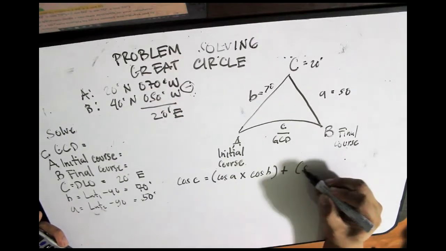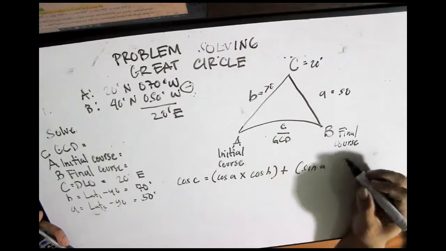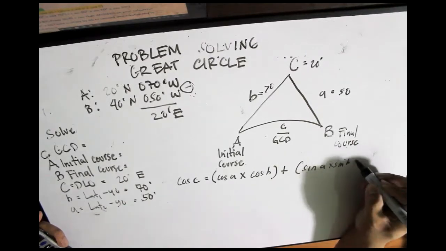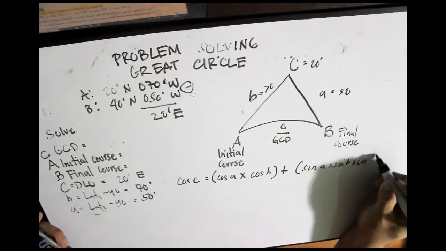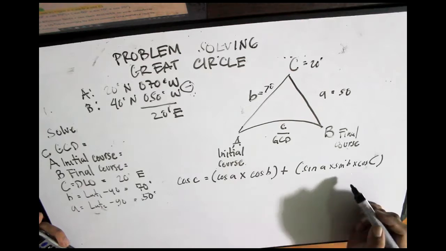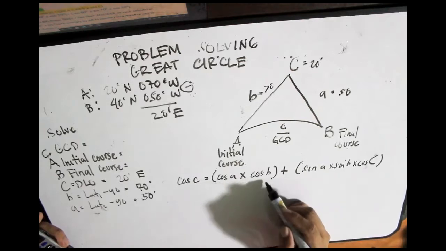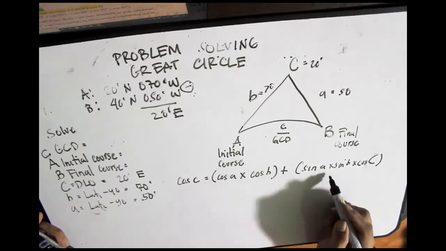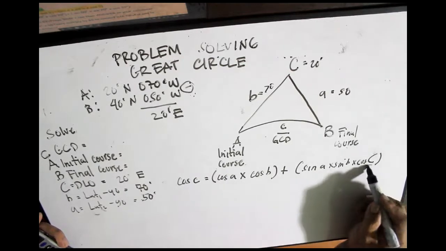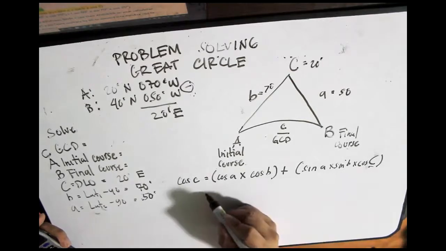Okay, sine A times sine B times cosine na malaking C. Okay, that is the formula. Cosine A times cosine B plus sine A times sine B times cosine C na malaki.